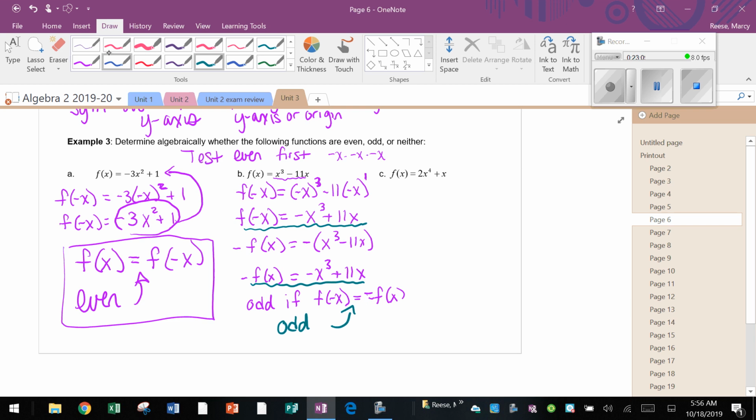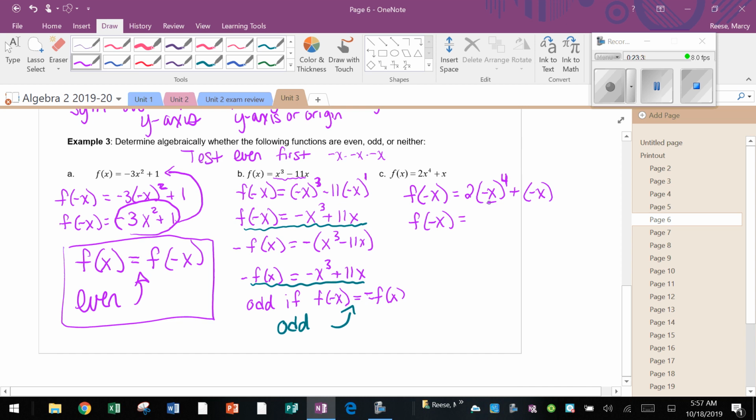All right, loves, let's do one more together here. Okay, again, testing first for even. Okay, so I have to the fourth power.